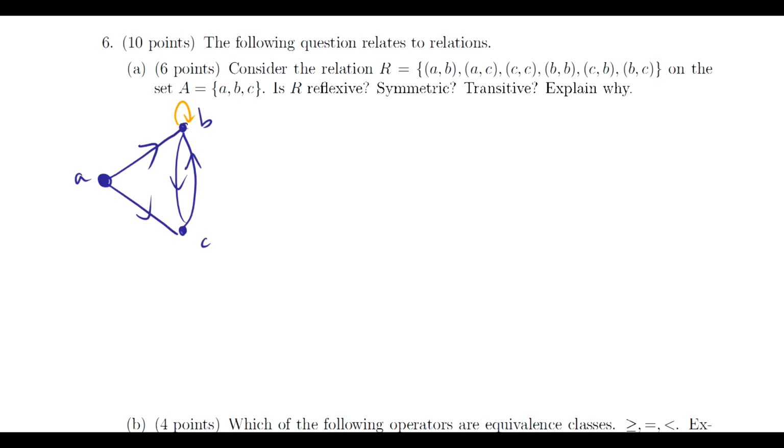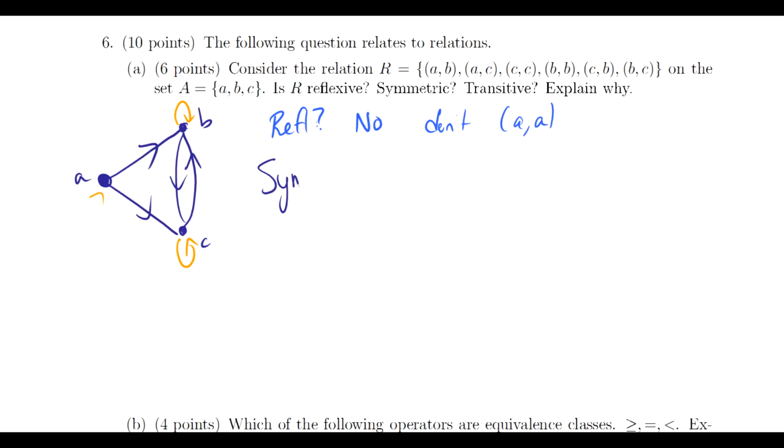I'm going to do the reflexives in orange so it's a little bit easier to see. Okay, here's the question. Is it reflexive? Well, no, it's not, because we don't have AA. So A is not pointing to itself, so clearly it can't be reflexive, because otherwise we'd have that, but we don't.